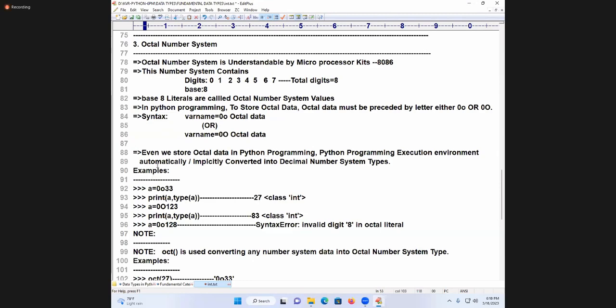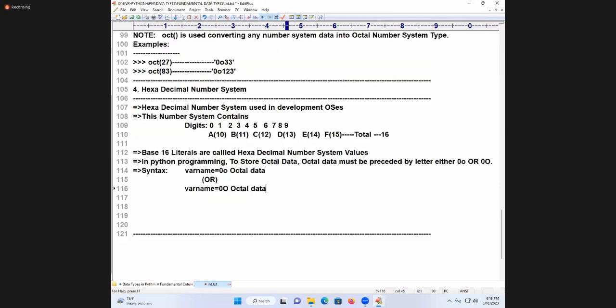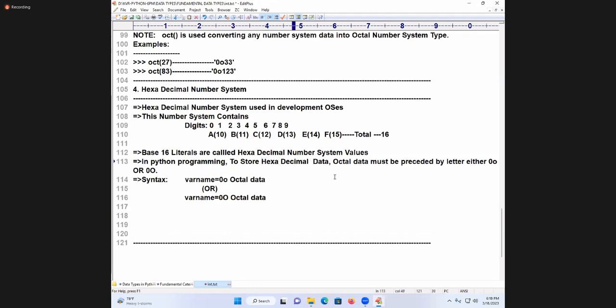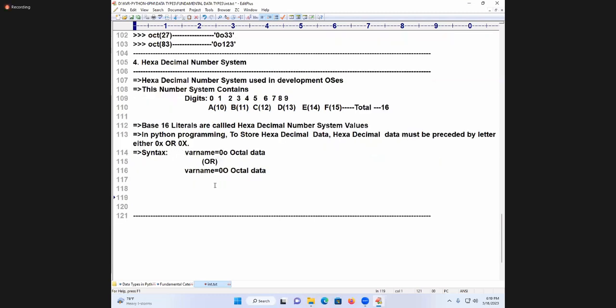To store hexadecimal data in Python programming, easy students, hexadecimal data must be preceded by a letter called what? Either 0x or 0 capital X. Important, guys.